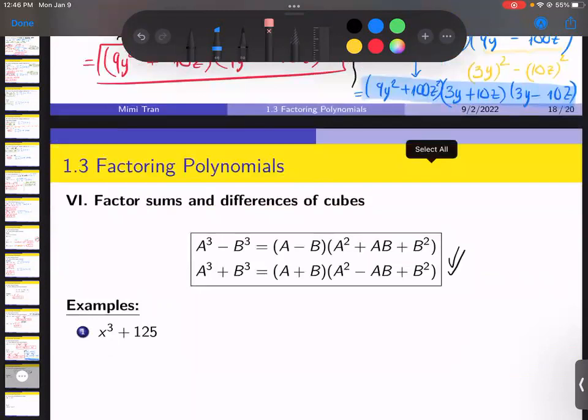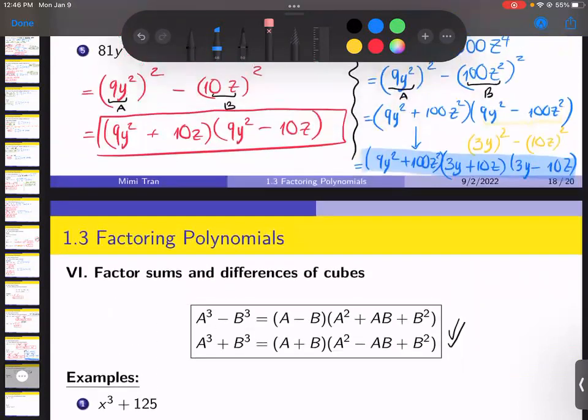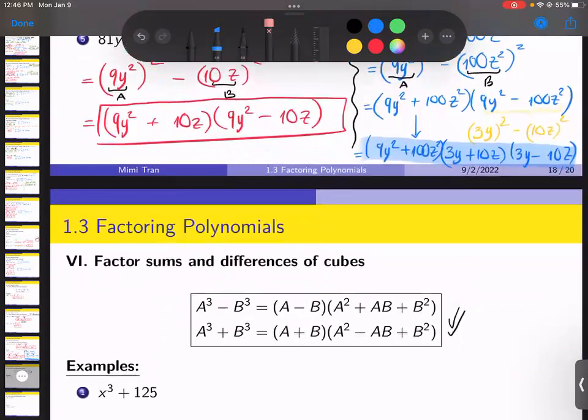Same thing with a cubed plus b cubed. Do not do that. Please don't. The formula is this. I'll show you how I remember it. Let me pull it down a little bit because it's too high. For a cubed minus b cubed, I'm going to have a binomial and a trinomial, so a smaller parenthesis and a larger parenthesis.